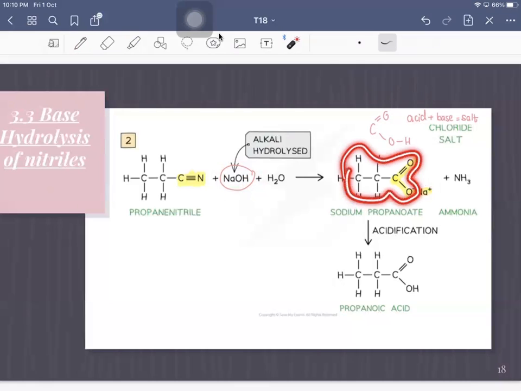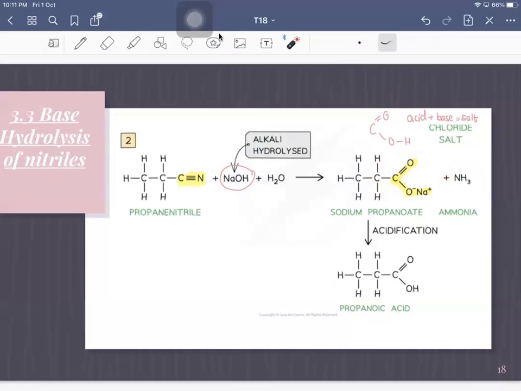The propanoate comes from the 3 carbon, 1, 2, 3, propanoate. So this is an example of a carboxylate salt. The other product is the ammonia.